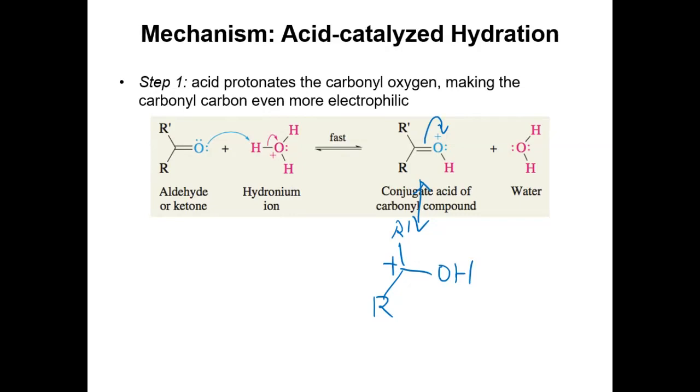See, the bottom resonance form, although it's not as stable as the top one, clearly shows that the protonated carbonyl group has carbocation character, compared to the carbonyl group before protonation.